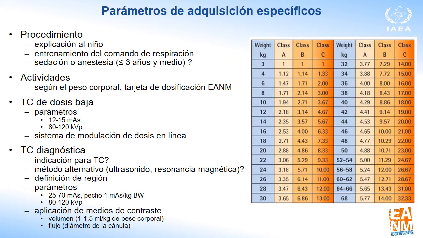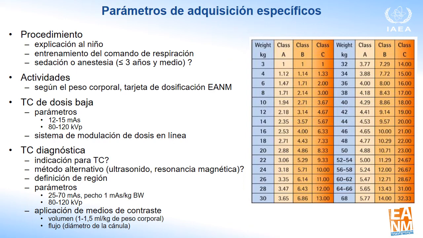In case you perform low-dose CT, the parameters are the following: 12 to 15 mAs, 80 to 120 kVp, and a system of online dose modulation. If you do a diagnostic CT, first of all, you have to ask yourself if we have to do that. This could be if there are alternative methods like ultrasound or MR.